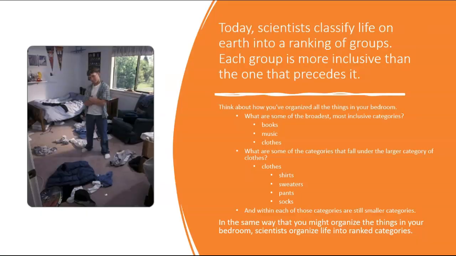Let's talk about organizing, and we're going to use a messy bedroom as an example. Today scientists classify life on Earth into a ranking of groups. Each group is more inclusive than the one that precedes it.